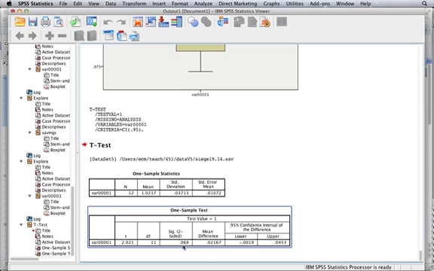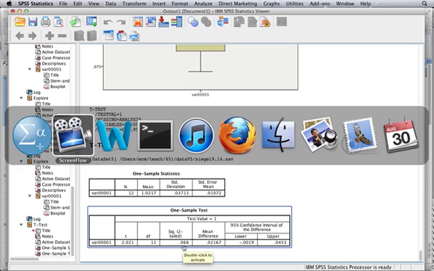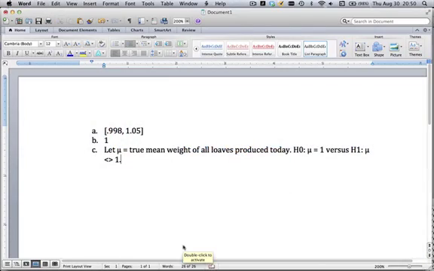So the p-value is 0.068, which is not quite significant. So p equals 0.068, which is greater than 5%, so we cannot reject H0. We could have also come to this conclusion by examining the confidence interval.